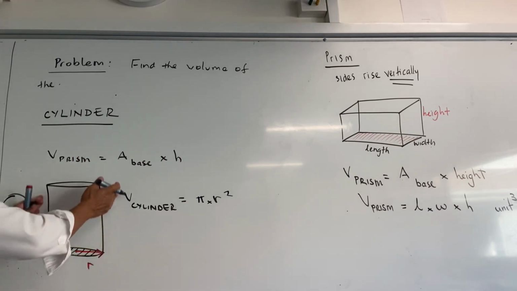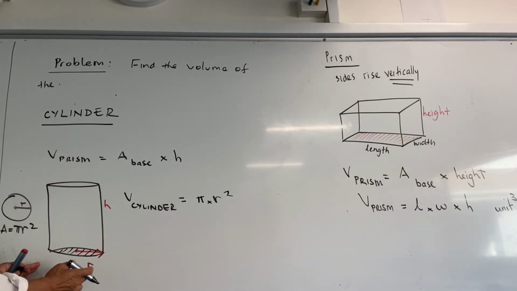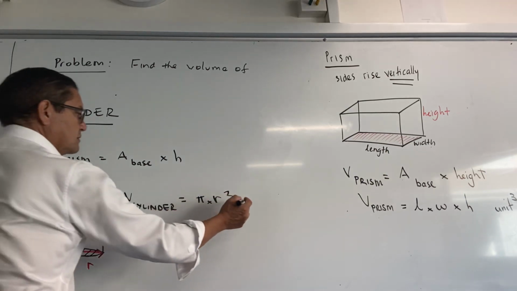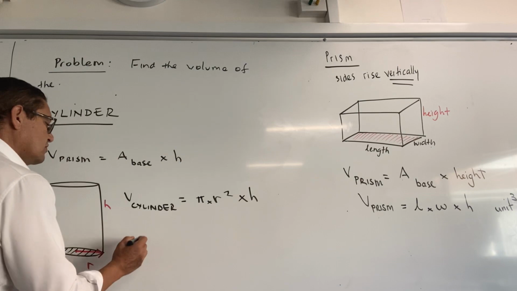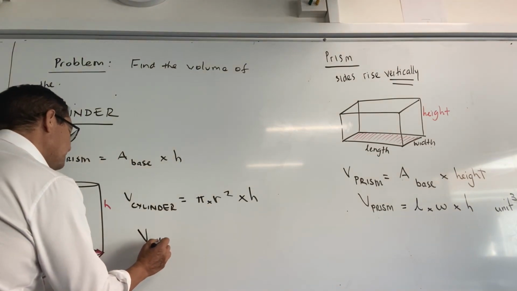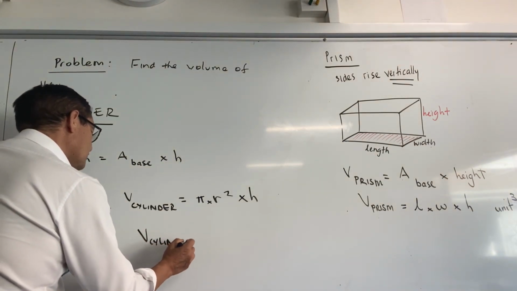Anything where the sides rise up is called a prism. And the formula for a prism is the area of the base times the height. And so the volume of a cylinder is always this.